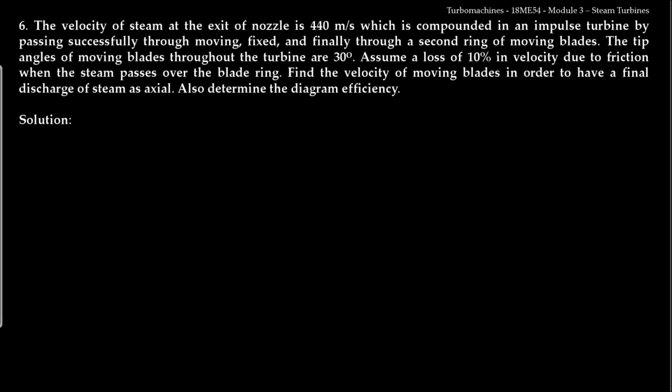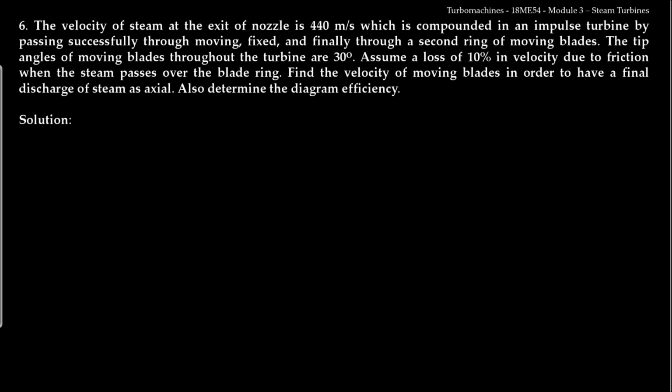Problem number 6 states that the velocity of steam at the exit of the nozzle is 440 meter per second, which is compounded in an impulse turbine by passing successively through moving, fixed, and finally through a second ring of moving blades. The tip angles of the moving blades throughout the turbine are 30°.